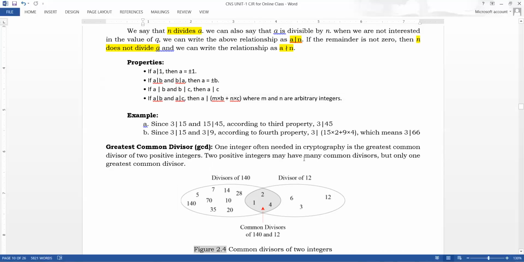So there should exist two arbitrary integers m and n such that 3 divides 15×2 + 9×4. So here 2 and 4 are the arbitrary integers, so that 3 divides the total of 66.